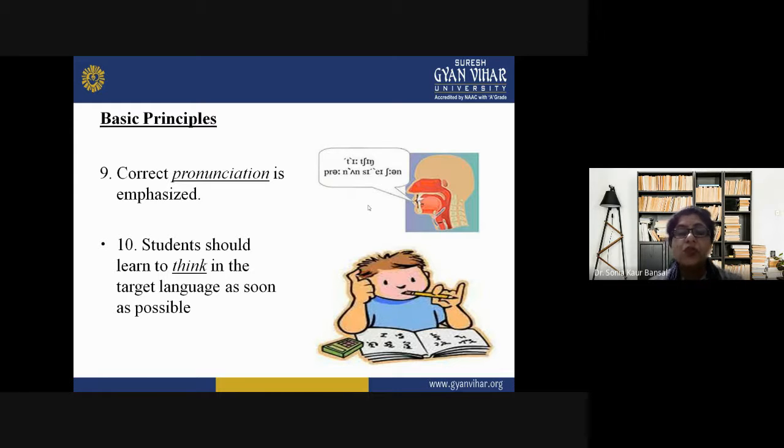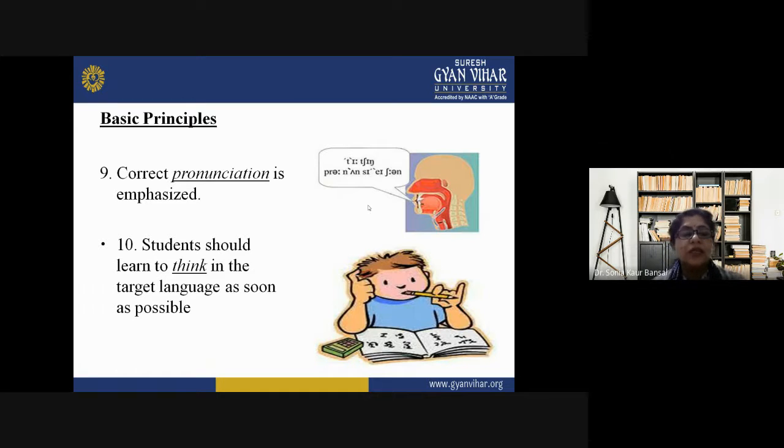So it is of much importance that the teacher must understand the phonetic system, and the teacher should pronounce the words accordingly in the class. So this is very important.